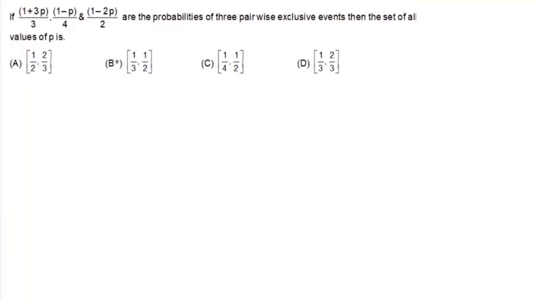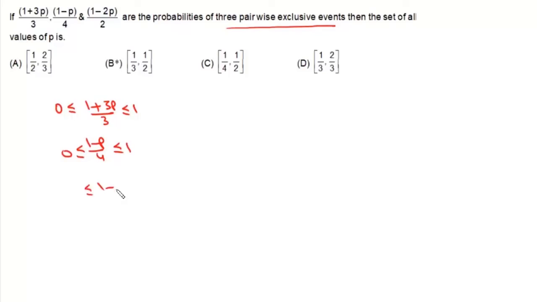Now here the question is, if these 3 are probabilities of 3 pairwise exclusive events, then find the set of all values of P. Now we know that any probability lies between 0 and 1. So this (1 plus 3P) by 3 should lie between 0 and 1. (1 minus P) by 4 should also lie between 0 and 1.